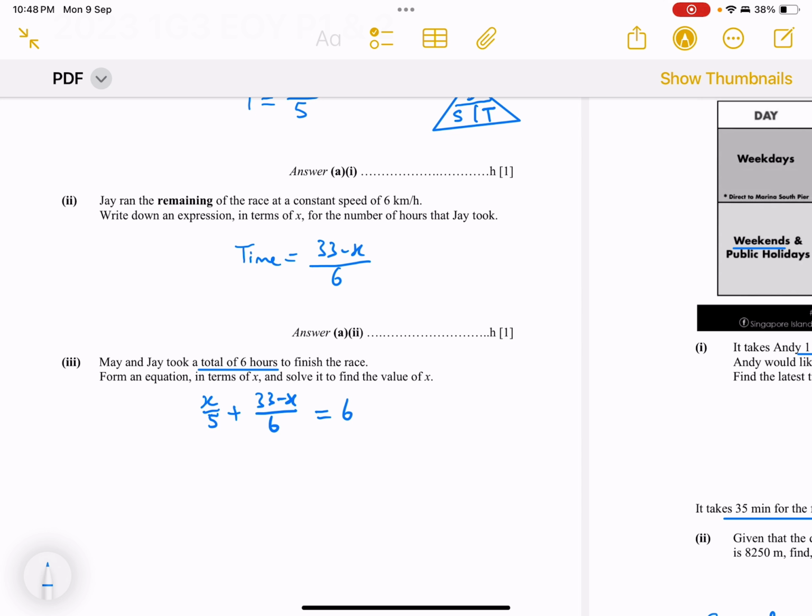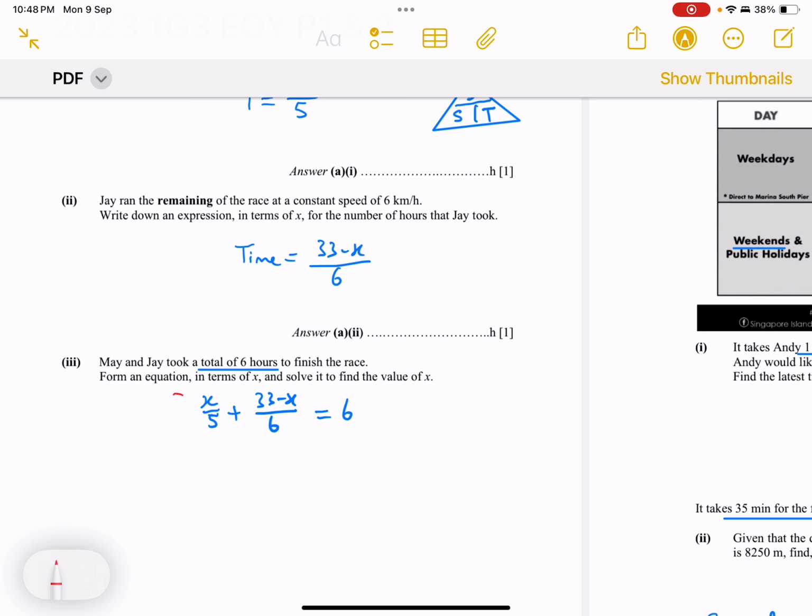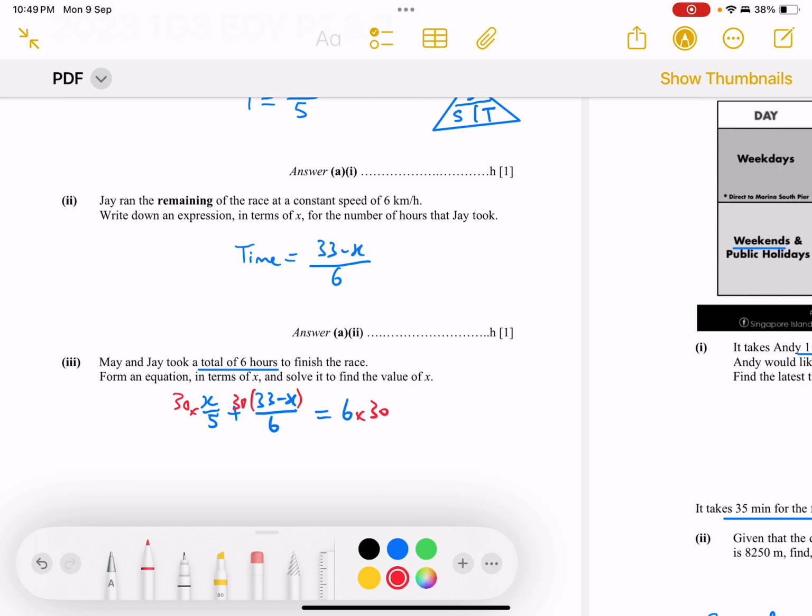Right? So to work this out, remember that for an equation involving fractions, we get rid of the denominator by multiplying by the LCM. So the LCM here is 30. So we multiply by 30. In this way, we can cancel the denominator.